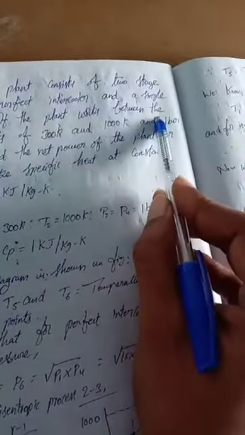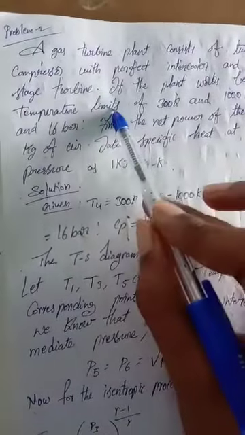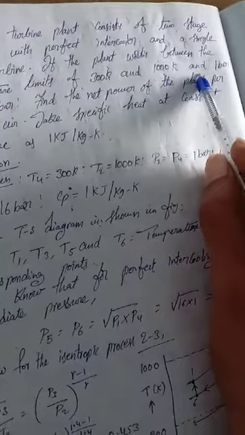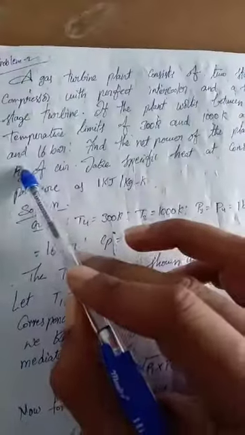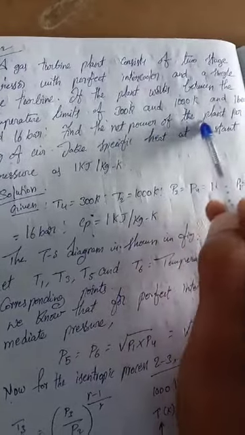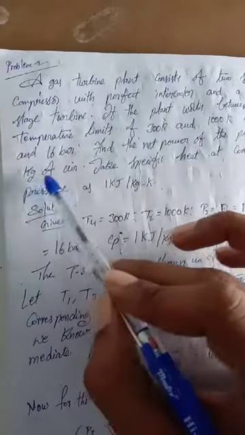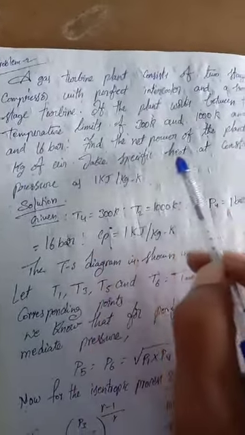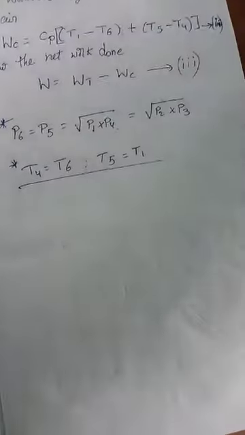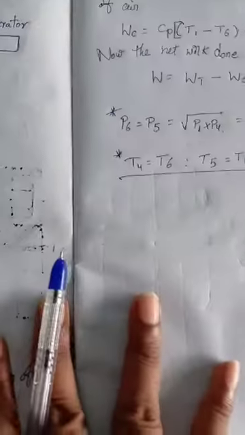If the plant works between the temperature limits of 300 kelvins and 1000 kelvins and pressure limits of 1 bar and 16 bar, find the net power of the plant per kg of air. Take specific heat at constant pressure as 1 kilojoule per kg Kelvin. Okay, we are going to solve this one.